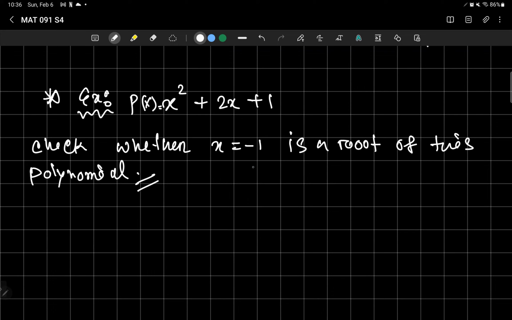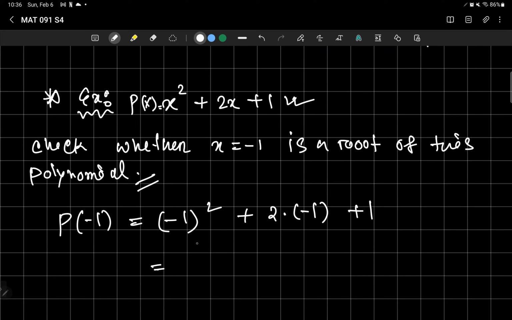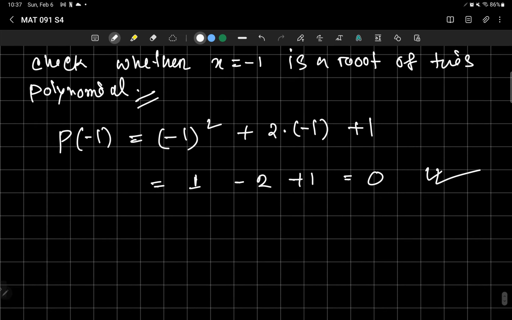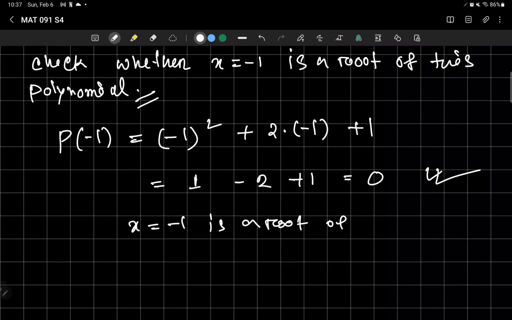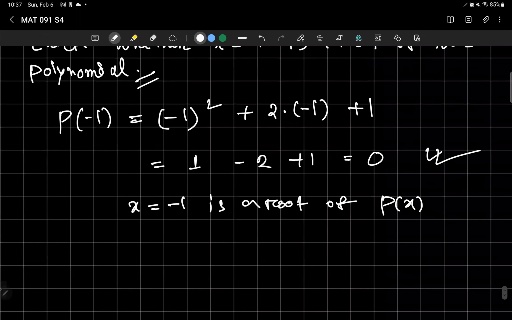Well, just put x equals -1 in this expression. So this is (-1) squared, plus 2 times -1, plus 1. (-1) squared is just 1. 2 times -1 is -2, plus 1. So this is 0, right? If that's the case, you can say x equals -1 is a root of p of x, where p of x is given by x squared plus 2x plus 1.